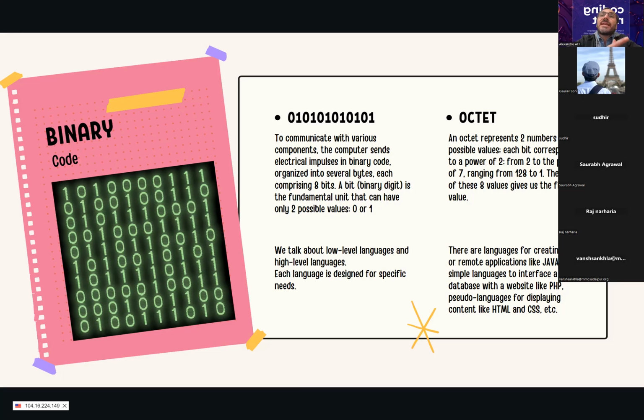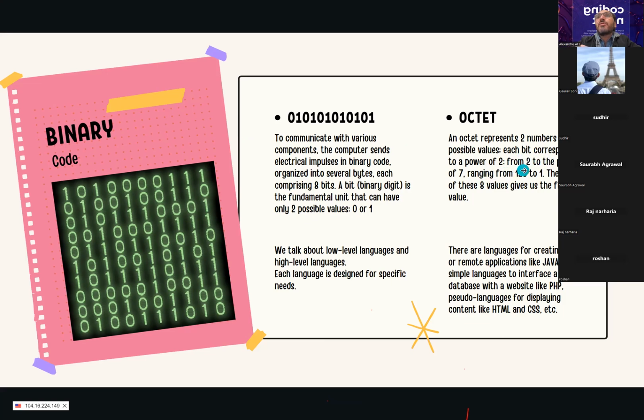So when you send an instruction to the machine, it will read it, but not with words, with binary code. Okay. We've got the octet as well, which represents 256 possible values.